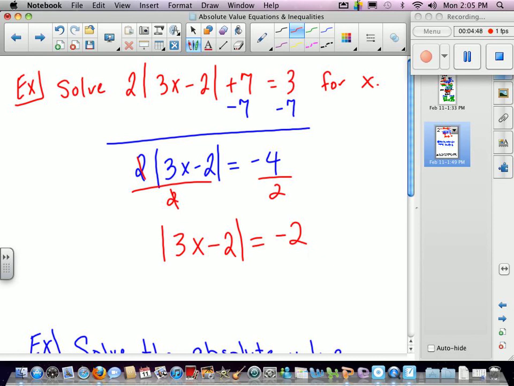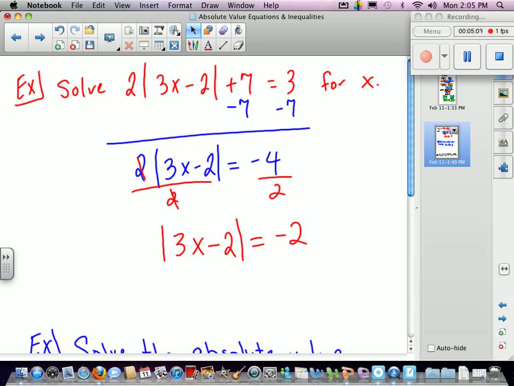And so we end up with the absolute value of 3x minus 2 is equal to -2. And if you remember correctly, the definition was that it was the distance away from 0. But distance is always positive.